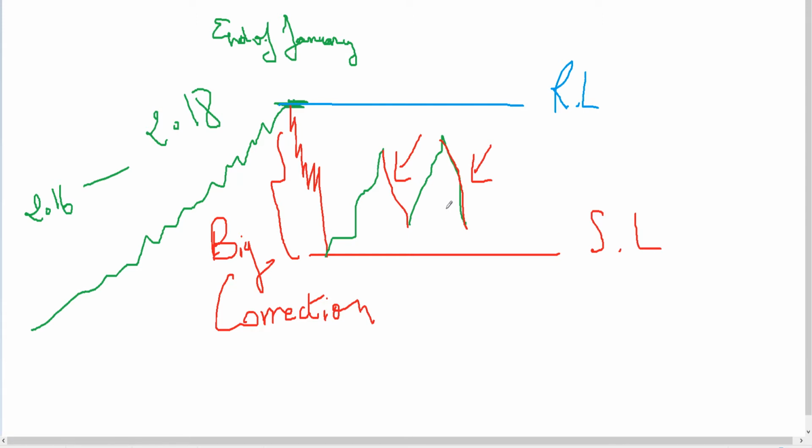Now let's say the market in the future, let's say 2019, the stock market is good. Let's say it goes above the resistance line. It will always have a small correction like this. So this is what I mean by small corrections.